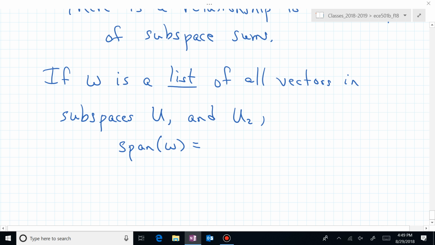We want sums, don't we? So now we want the span of W is just the sum of those two subspaces, U1 plus U2. If W is the list of all vectors in those subspaces, U1 and U2, then we can say that the span of W is equal to U1 plus U2.